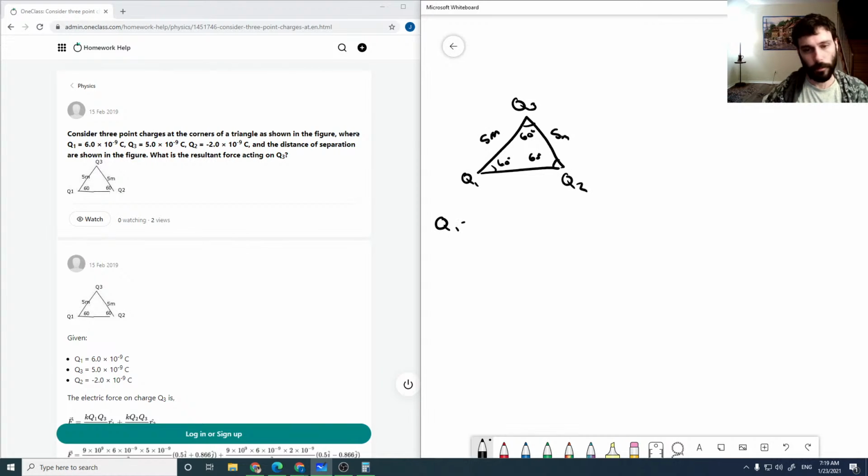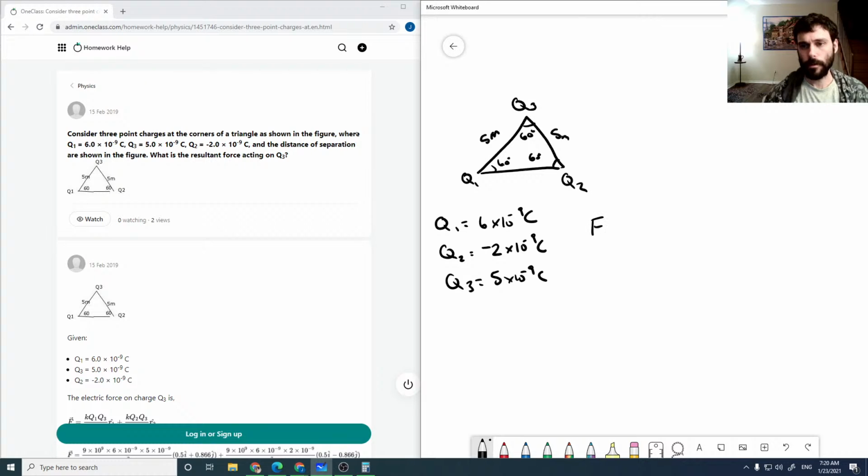We're given that Q1 is 6 times 10 to the minus 9 coulombs. Q2 is minus 2 times 10 to the minus 9 coulombs. And Q3 is 5 times 10 to the minus 9 coulombs. And we're asked to solve for the resultant force on Q3.